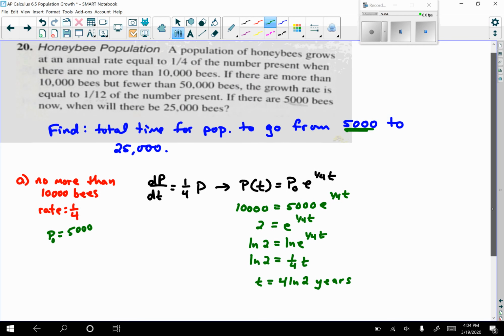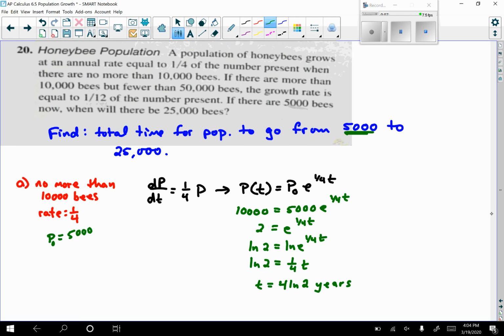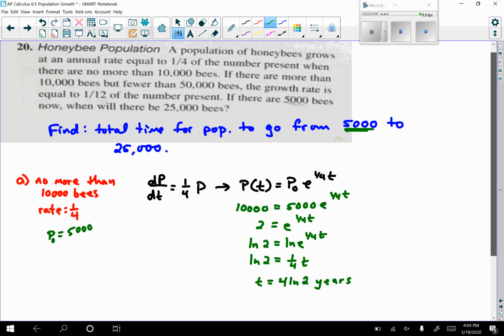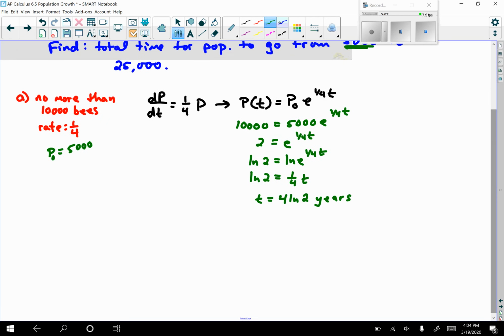And for our second part, next it says if there are more than 10,000 bees but fewer than 50,000 bees, the growth rate is equal to 1/12 of the number present. So our second part of the problem, we'll say between 10,000 and 50,000.